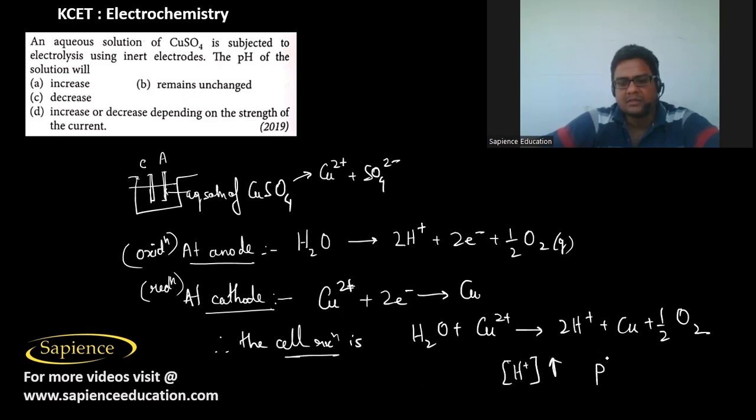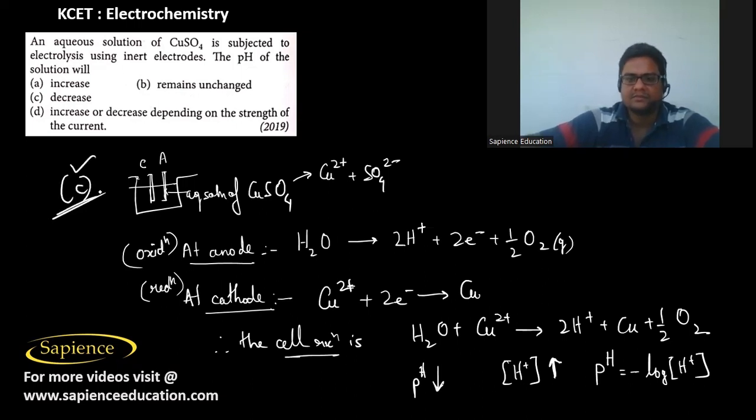Now the pH, as you know, is equal to minus log of concentration of H plus ion. So if the concentration of H plus increases, the pH value will decrease. So here it means the pH value of the solution will decrease. So option C is the correct answer.